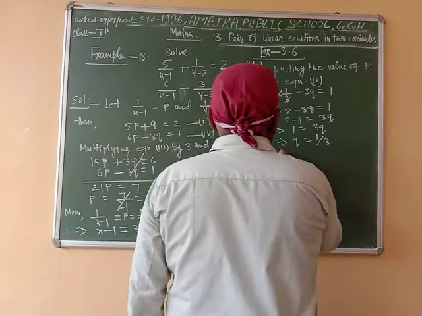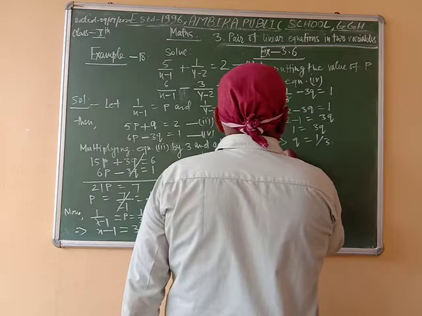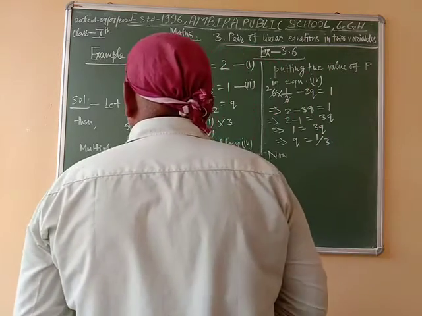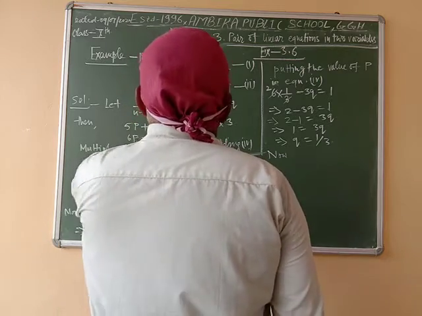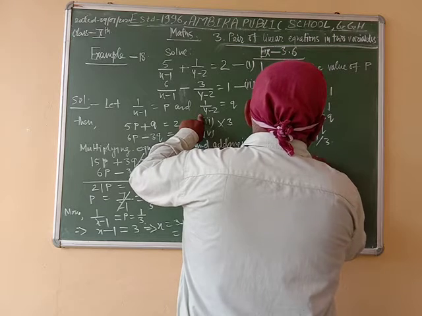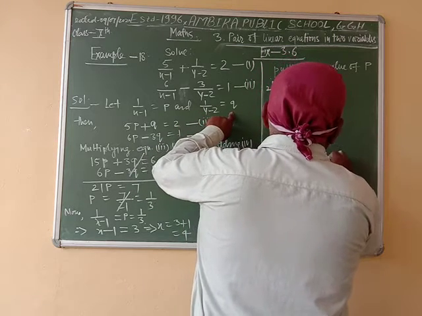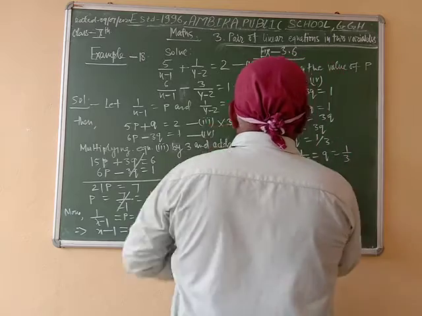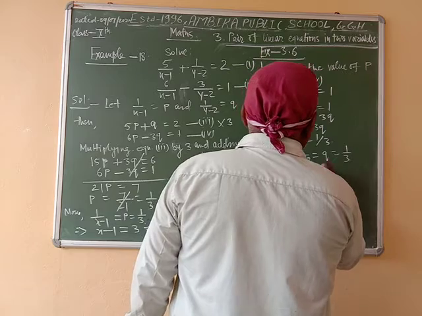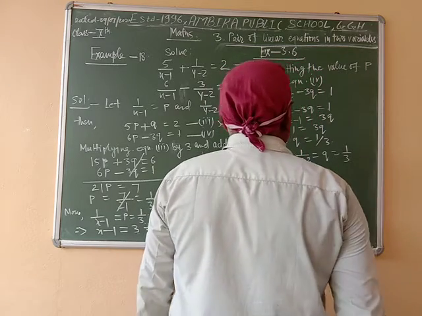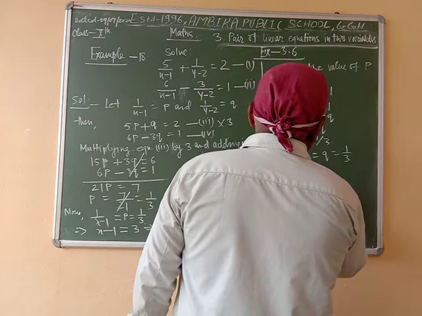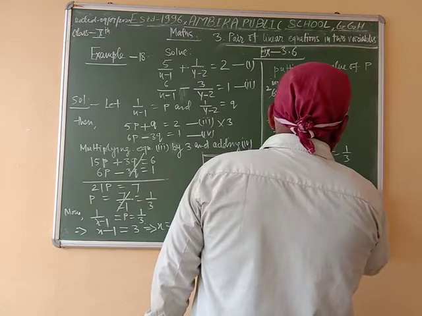Now 1 by y minus 2 is equal to q is equal to 1 by 3, or y minus 2 is equal to 3, or y is equal to 2 plus 3 is equal to 5.